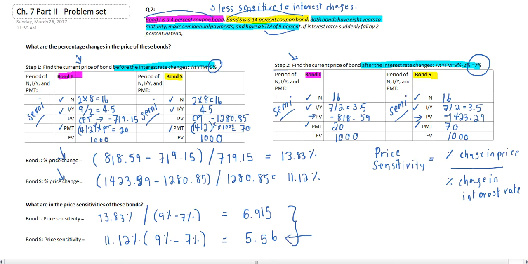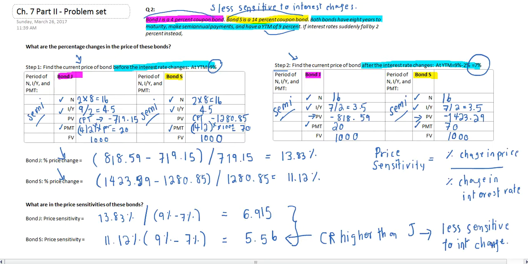See that bond S has a higher coupon than bond J, so it's less sensitive to interest rate change.